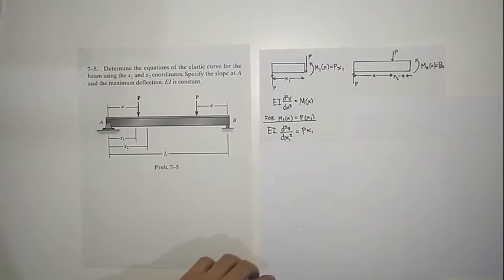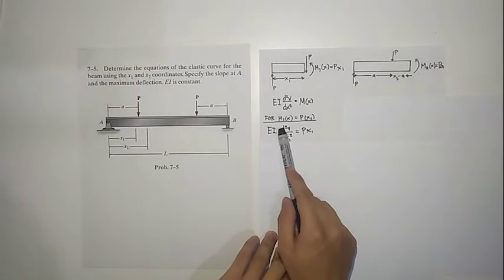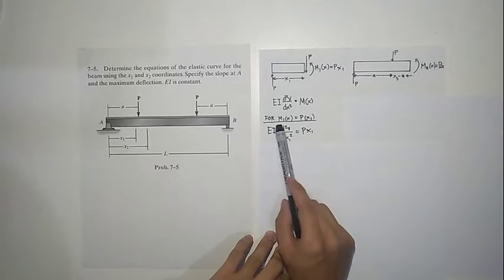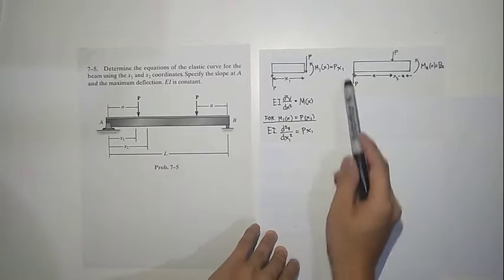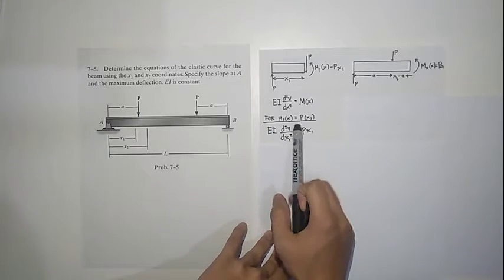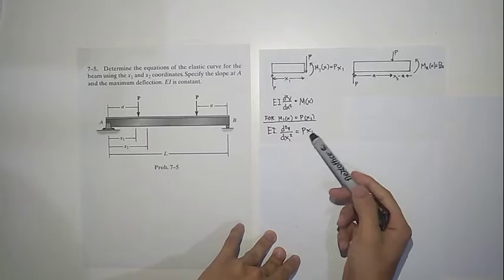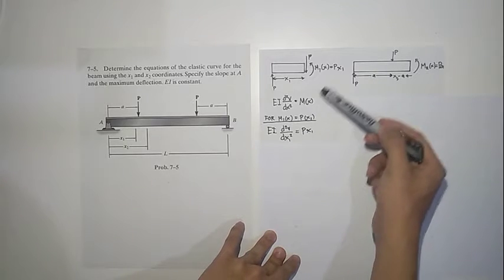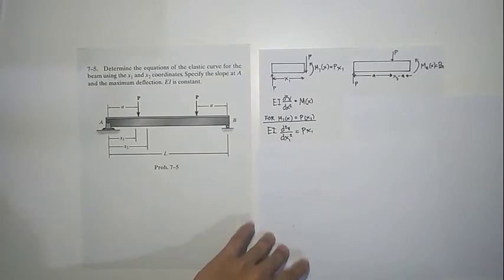So, for M1, substitute lang po natin for M1 x equals to P x1. For EI d squared v1 over dx squared equals to P x1. So, ito na po yung M. So, sinubstitute lang po natin yan.